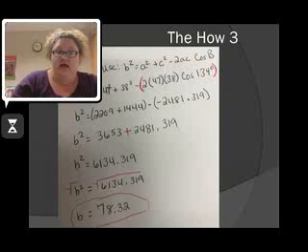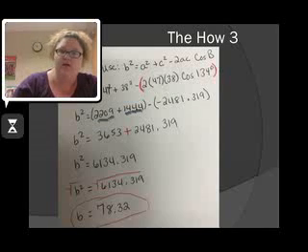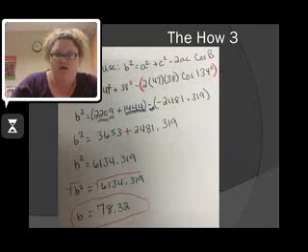So, as we simplify, 47 squared is 2,209. 38 squared is 1,444. Alright, I'm keeping this minus sign, and you'll notice, hopefully, that I have put in parentheses, because of this minus sign from the formula.